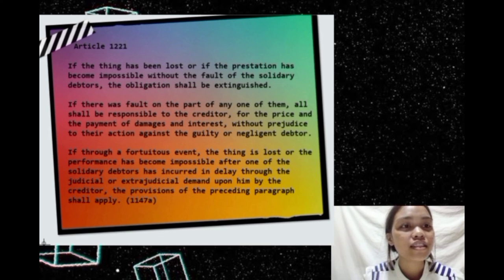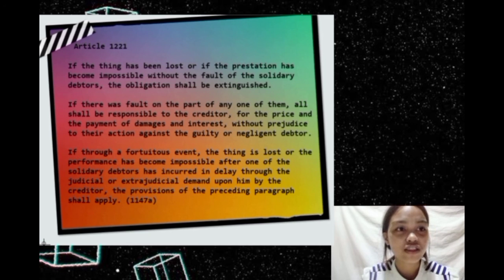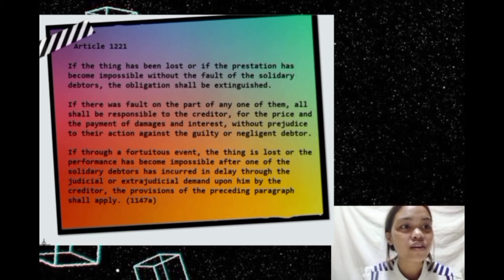So, Jad and Princess, however, can recover from Kate, the guilty or negligent debtor, the full amount of such price and damages if Jad and Princess have already contributed to the price of the truck.